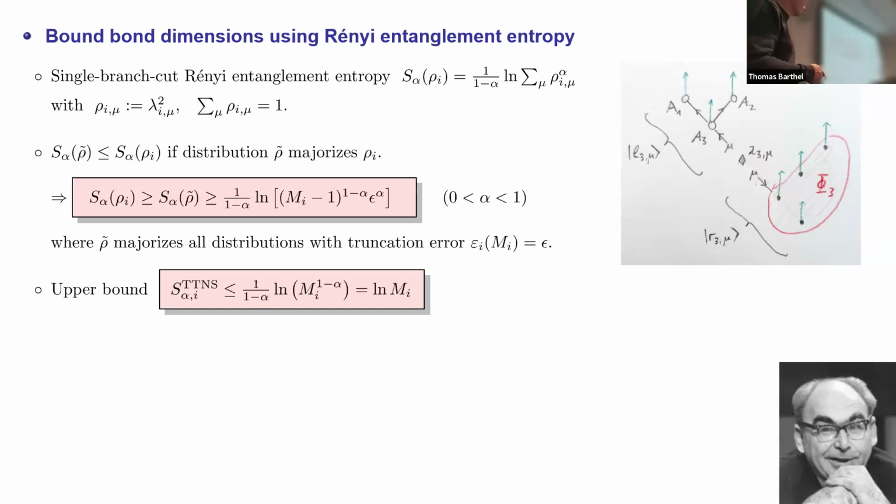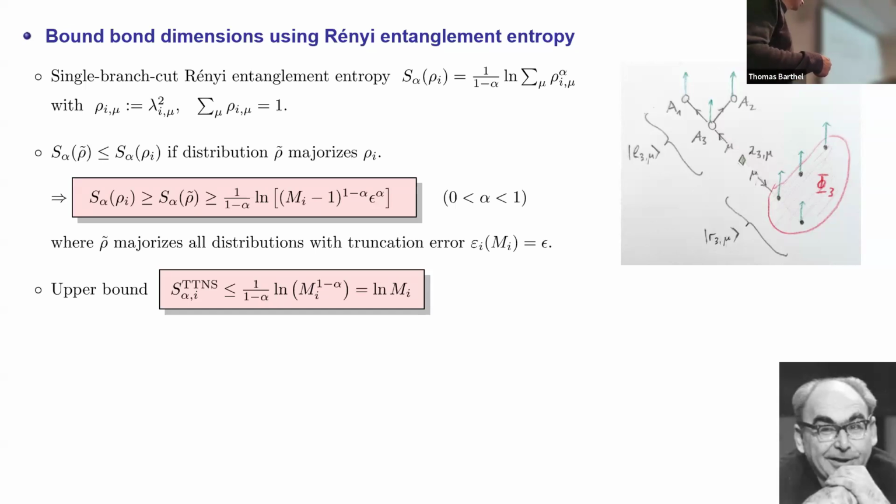So this would give us an upper bound on the bond dimension that we need in order to achieve a certain energy accuracy, if we know something about the entropy in our system.